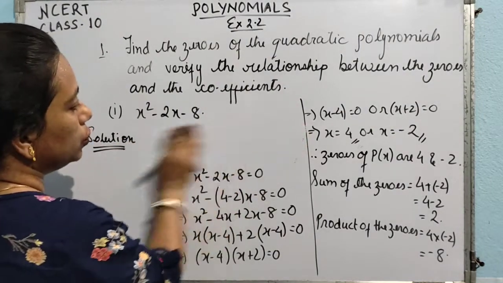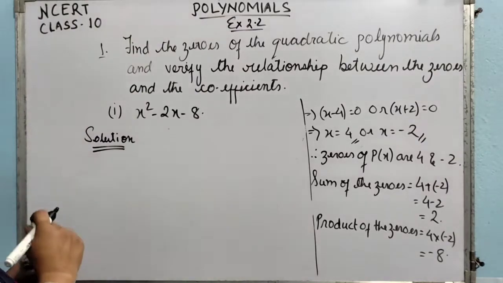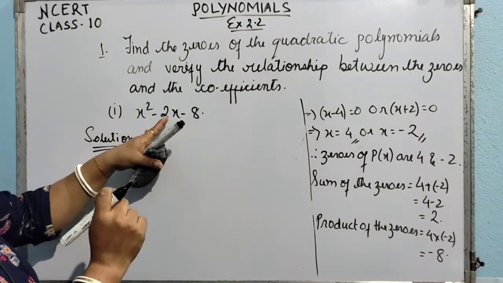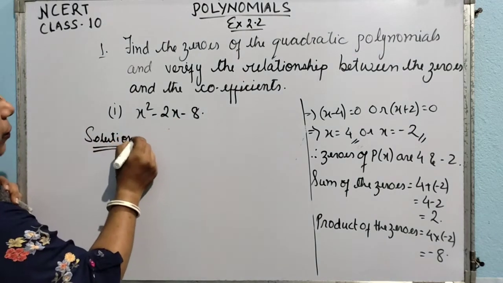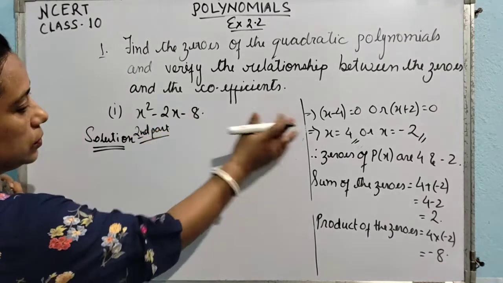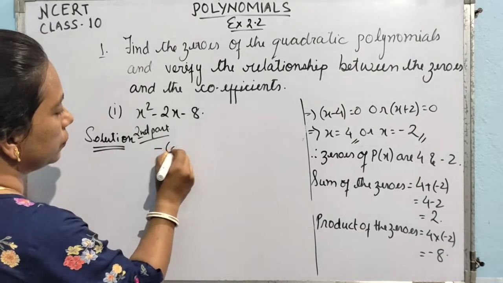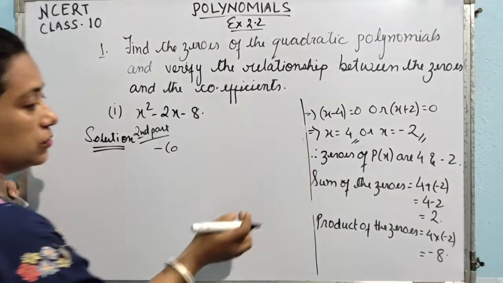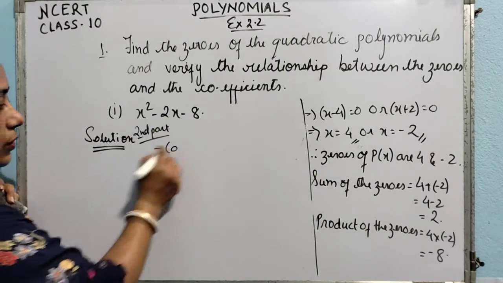It is known to you that the sum of the zeros has to be minus b by a, that is, minus of the coefficient of x by the coefficient of x square. This is the second part. We have to verify whether the sum of the zeros gives minus of the coefficient of x by the coefficient of x square or not.